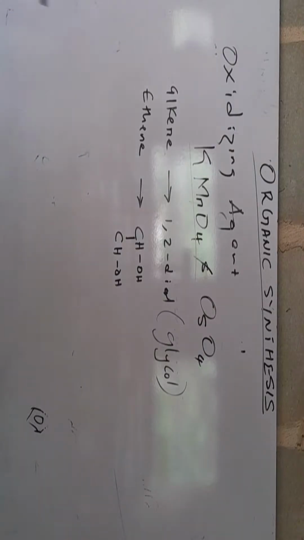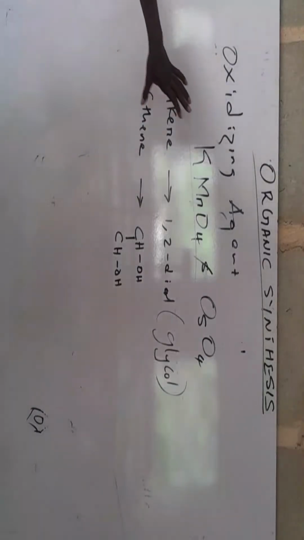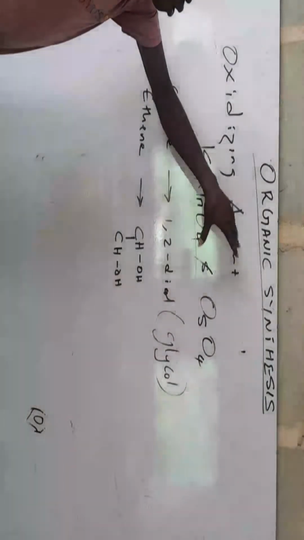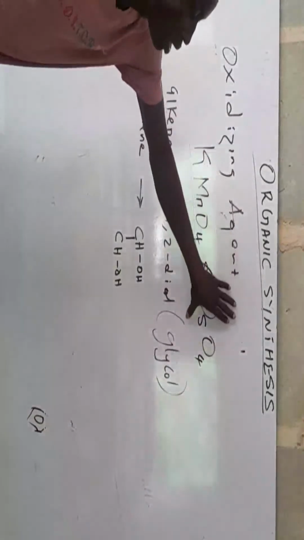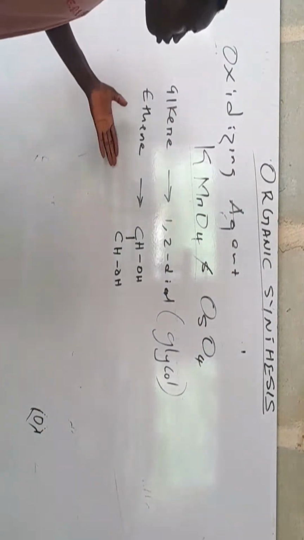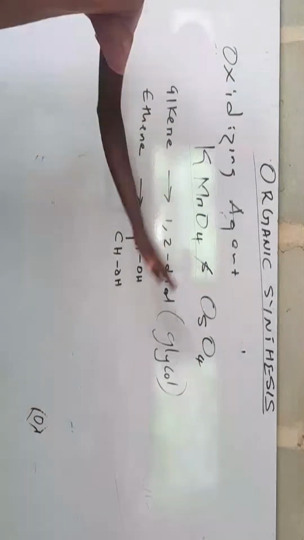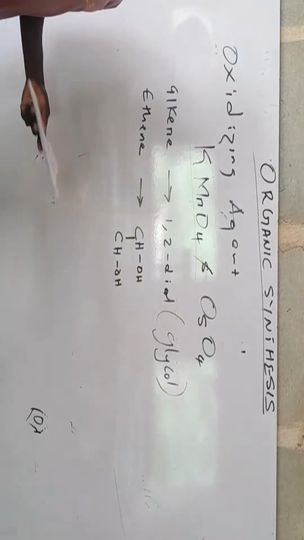Now, apart from this, we also have the usage of osmium tetraoxide. It gives an excellent yield of 1,2-diol, but it is toxic. So they can ask you, why do we prefer KMnO4, or what are the advantages of this over this? Well, in the course of preparing, this one produces ester when you make use of KMnO4.